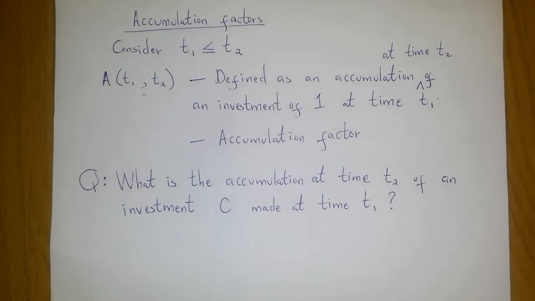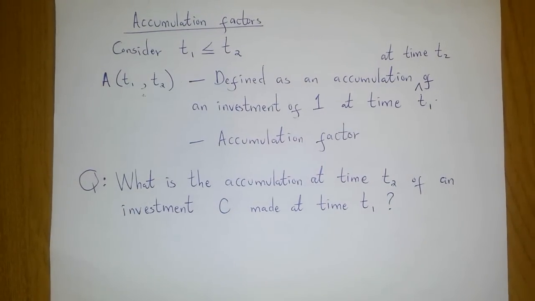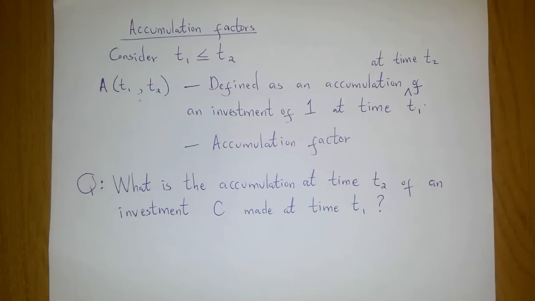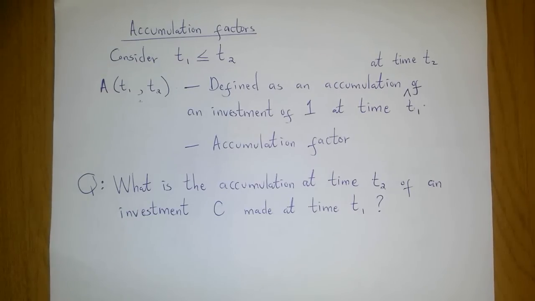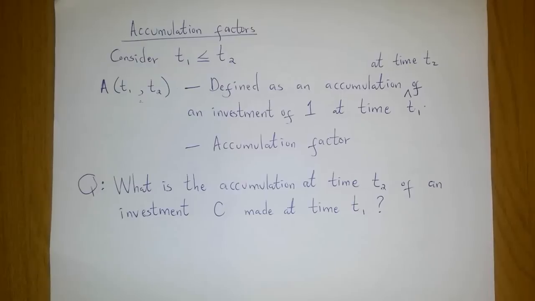Now we go on to accumulation factors. What I want you to do is to consider two time periods. I want you to think of a time T1 and T2, where the time T1 can be less than or equal to the time T2.